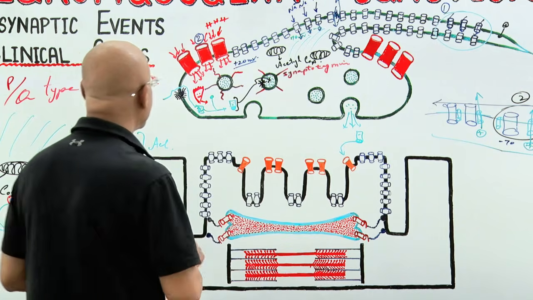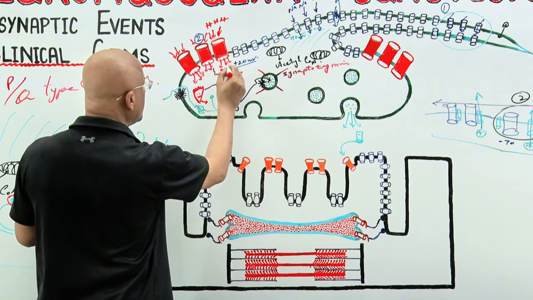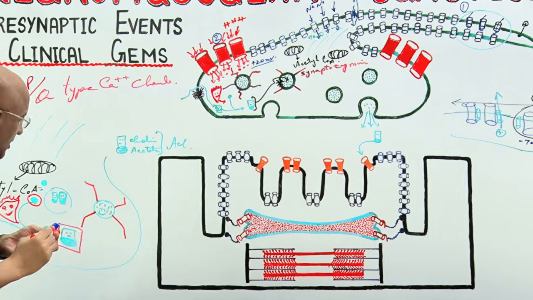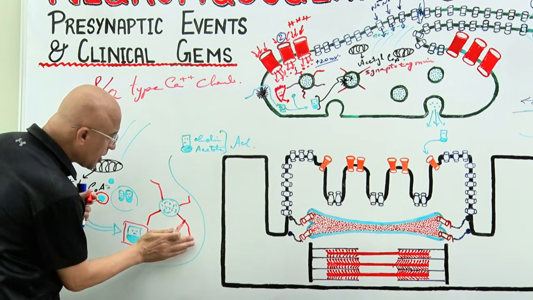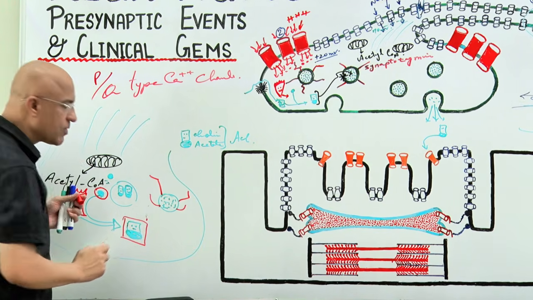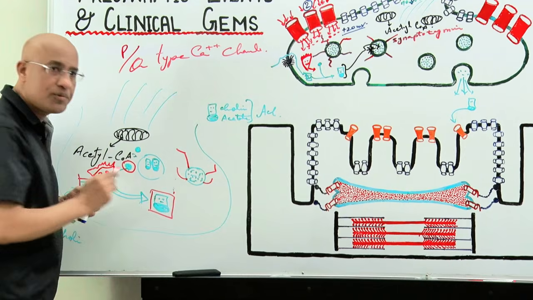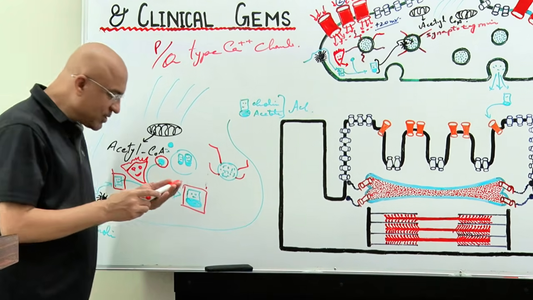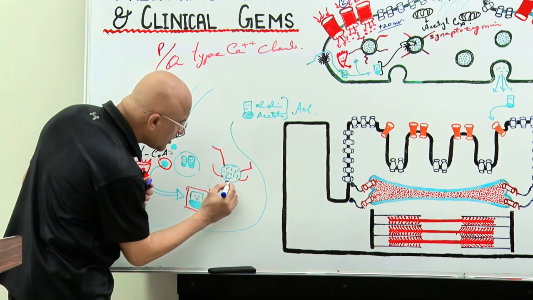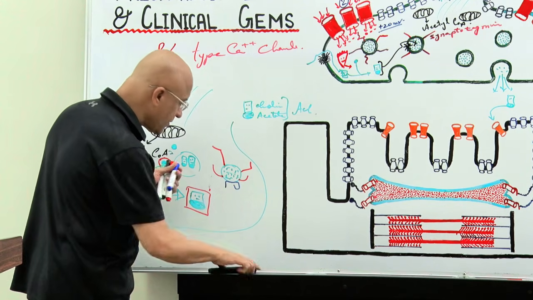But the moment calcium comes, this calcium which is coming in will bind with synaptotagmin. And what will happen? Synaptotagmin will undergo a conformational change. Now this area of the vesicle can hit here, and this area of the vesicle already has some proteins. I will show you more accurately.